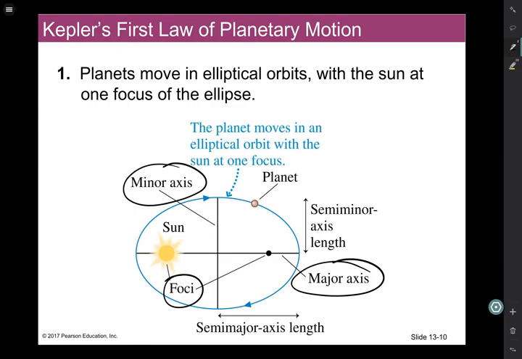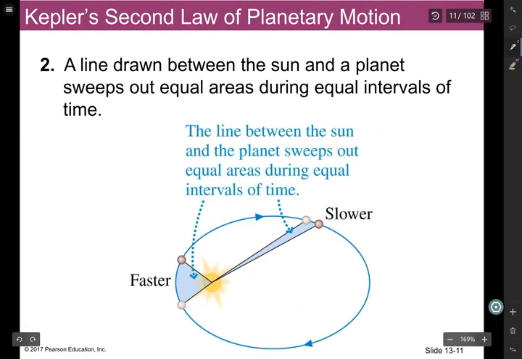They weren't perfect circles. The second one, and this one's very tough to describe without the mathematical behind it, so just read the sentence and look at the picture, really. We'll talk more about this one because once you understand the math of what causes this, it's really not as bad as it sounds. But the key is when you're close, you move fast.